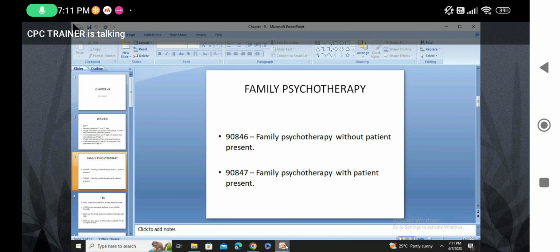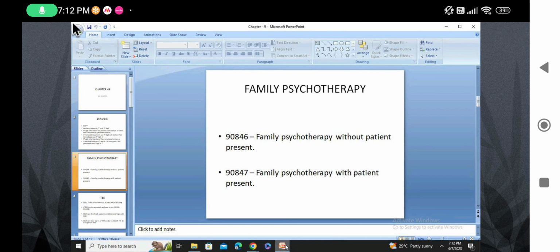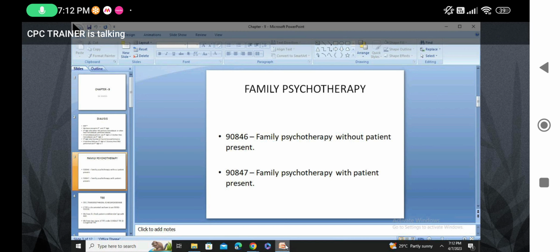But actually, in the exam question the provider documents it differently. Whenever they started the psychotherapy treatment, that time the patient is present. In between, the patient goes out. Again I repeat, guys, whenever they started treatment, the patient is present.